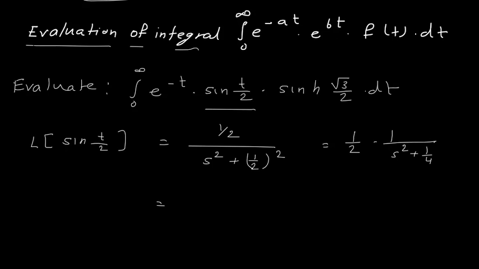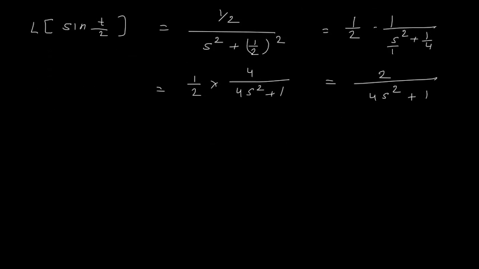Finally you will get 1 by 2 into 4, which goes up, and the denominator becomes 4s square plus 1, which equals 2 upon 4s square plus 1. So this is Laplace of sin t by 2.